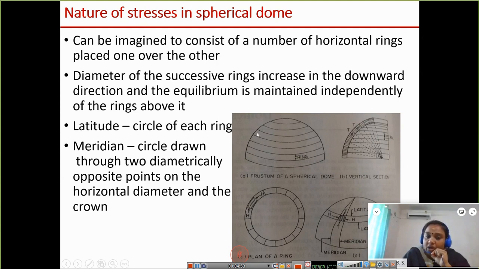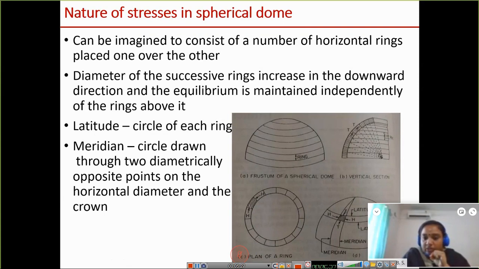Then we call the circles of each ring as the latitudes, and the circle drawn through two diametrically opposite points on the horizontal diameter and the crown as the meridian. So for example, we'll have the latitudes like this, the horizontal way, the meridians like this. So this point on the horizontal diameter, this point, and similarly you'll have a point in the other direction, right?